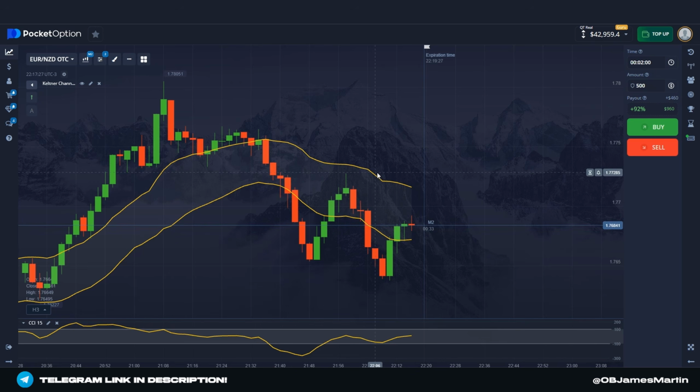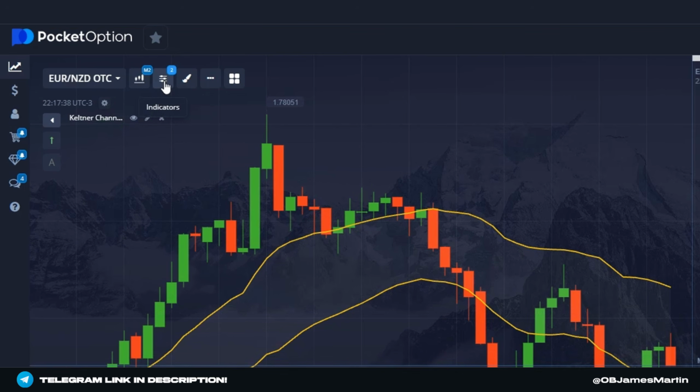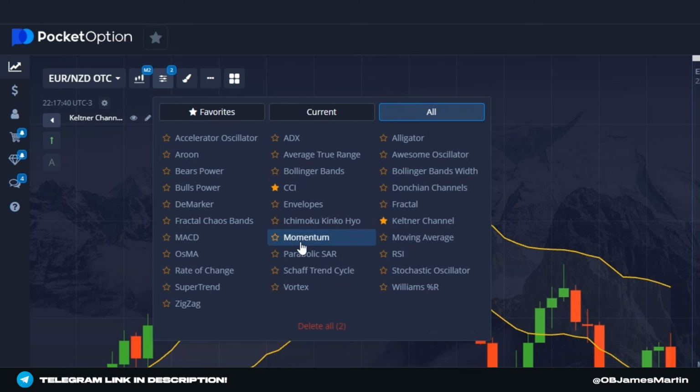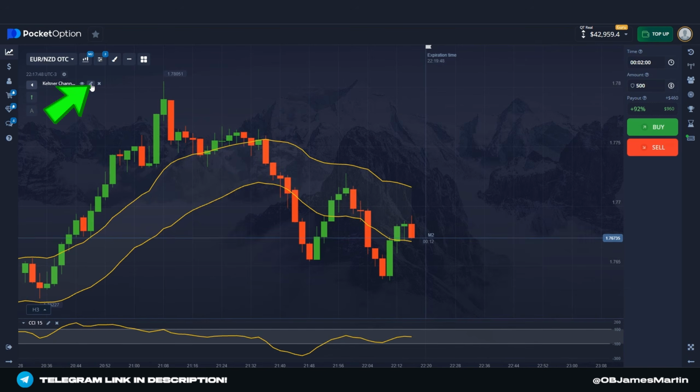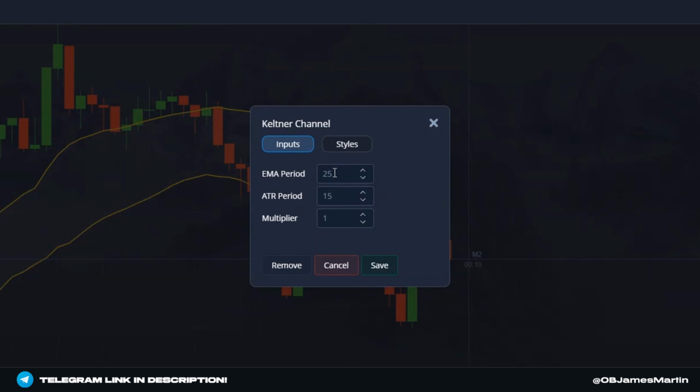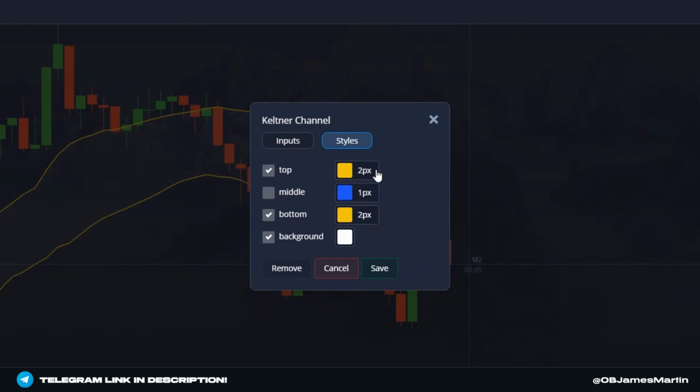Let's go to the configuration and set up both indicators to use that one. Okay? So let's do this together. Go to indicators. All right, let's select CCI and Cadmore channel. Right now, let's use 25, 15, 1, and style.